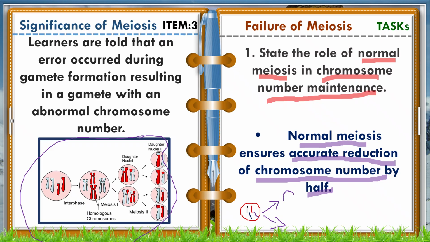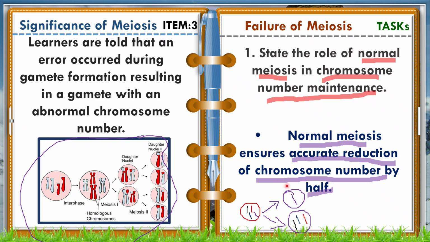So we expect this one to have two chromosomes, and the second one also to have two chromosomes. But when here we have 1, 2, and 3, and the other one we have only 1 chromosome, that is what we are calling abnormal chromosome number.